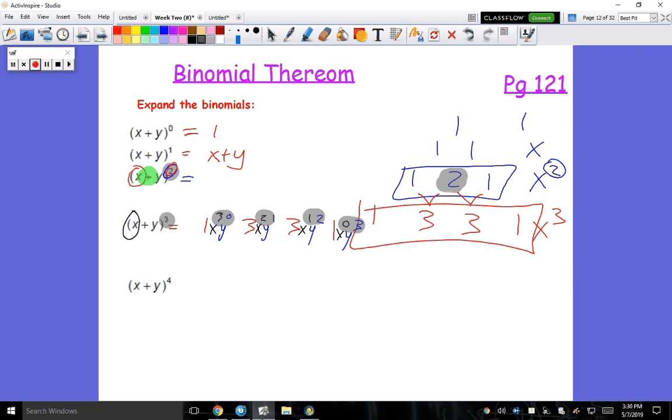Okay? Because of the fact that this is addition, it will be adding in between. If it was subtraction, it would alternate. It would be plus, minus, plus, minus. Okay, but that's not the case here. And now we just have to simplify. Help me out. How do I simplify this? X cubed.